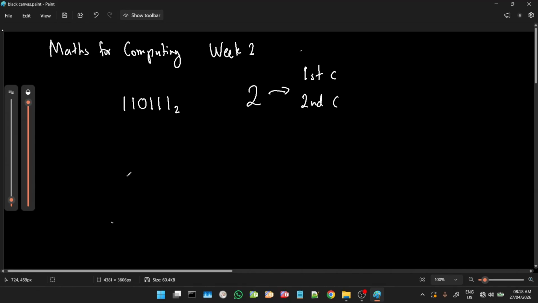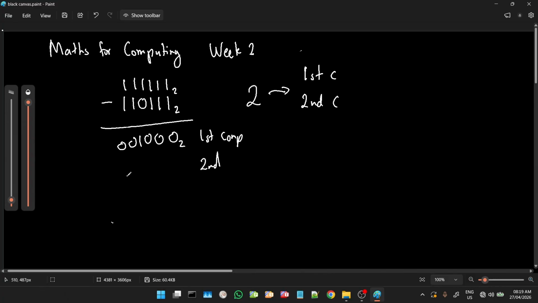To get the first complement, we subtract this from its max value, right? So 1 minus 1 is 0, 1 minus 1 is 0, 1 minus 0 is 1. 0 0 1. This is its first complement. To get its second complement, we simply add the 1, so that is 1 0 0 1.